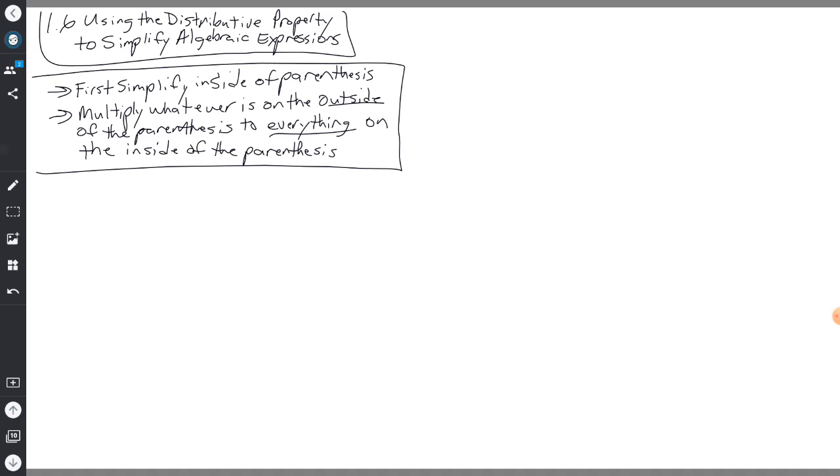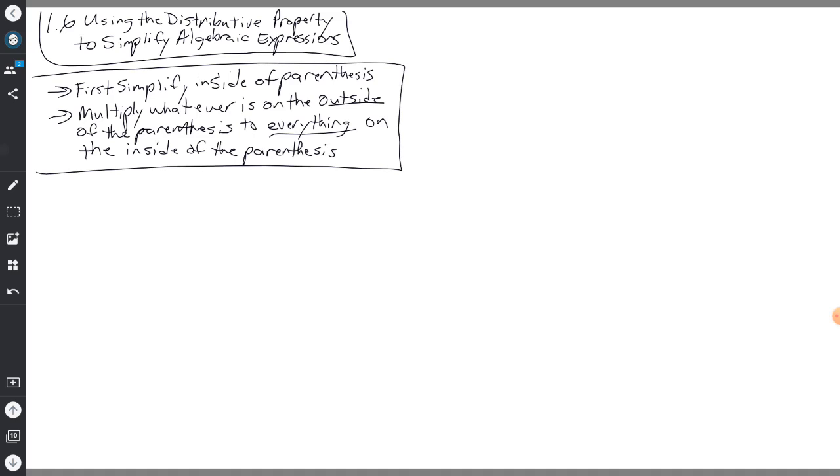So this is basically the idea here. Using the distributive property, first you're simplifying inside of the parentheses, and then you're multiplying whatever is on the outside of the parentheses to everything on the inside.